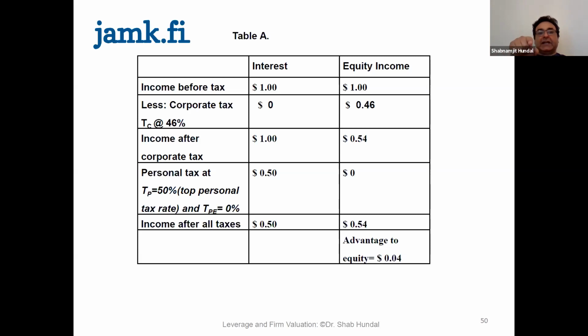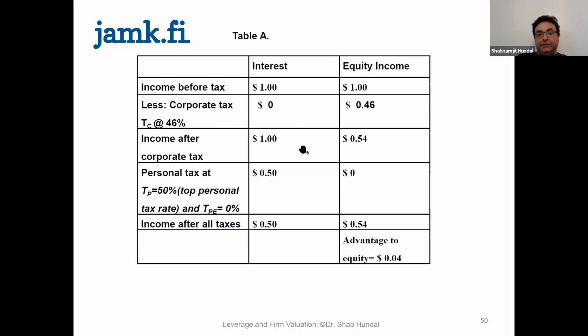And this slide is a classic example. You see that the corporate tax rate is not falling at all on the interest income, whereas the corporate tax is falling at 46% on the equity income. And if you see the income after tax burden, which tax burden?